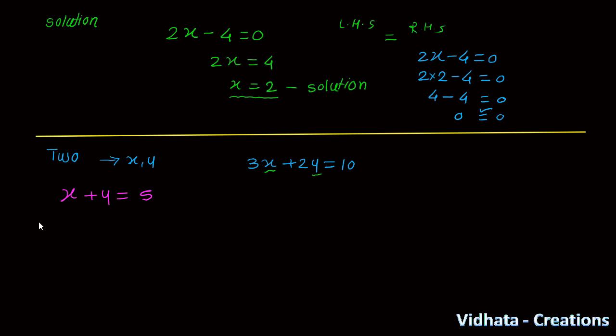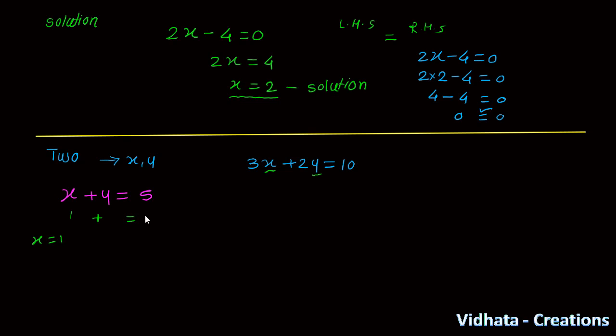What you can say, by simple observation, is that if you take the value of x equal to 1, then what value of y do you have to take so that the left hand side and right hand side of the equation will be equal?